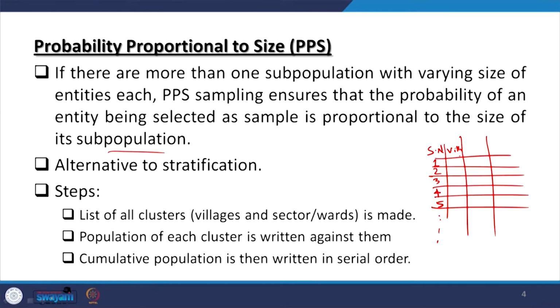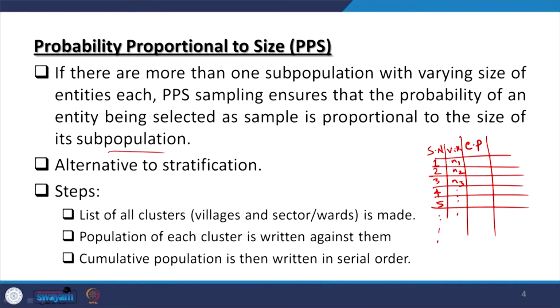Where to get the population? From the census. It is always suggested to go by the latest census, 2011, for those who are doing research in this regard. So, let this be N1, this N2, likewise N3. If this population is there, then in the third column we will have a cumulative population, CP.